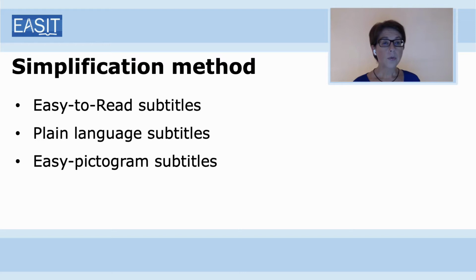One example of the use of pictograms would be the use of emoticons in a subtitling line for expressing feelings and/or emotions. Of course, you can also have mixed forms. You can have text simplification methods and graphical simplification methods in one subtitle line.